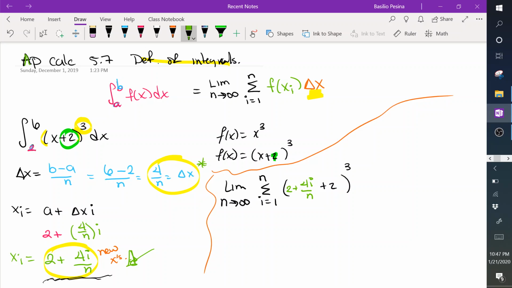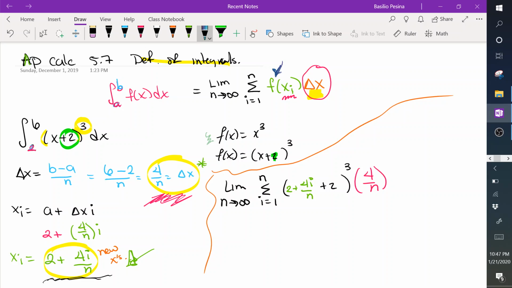I made it fit. Times the delta x, which we found already, my 4 over n. So remember guys, we already know our change in x, we just solved for it. We know our new x's, and the function that we found was this right here.